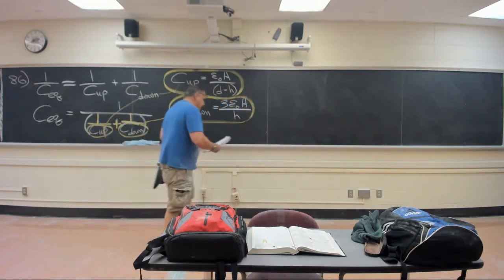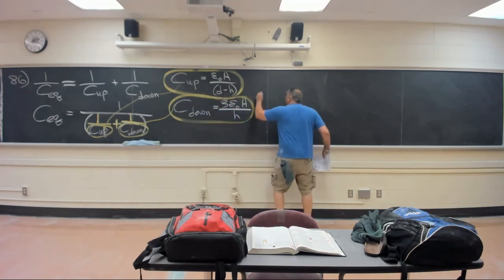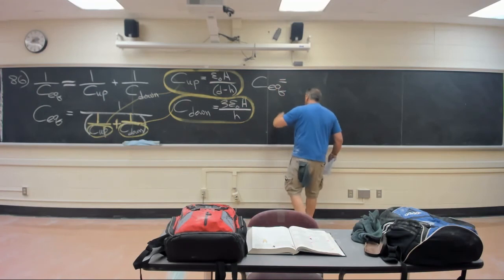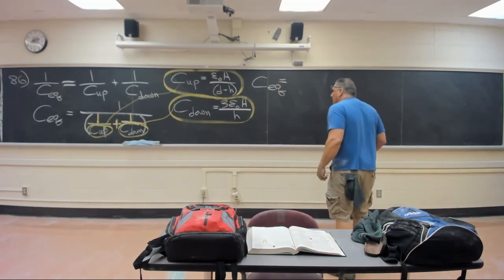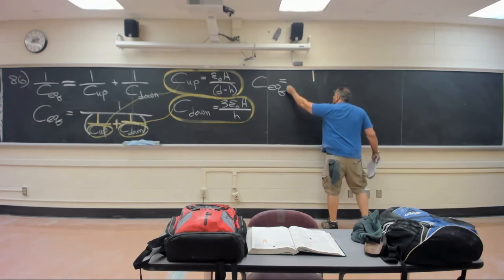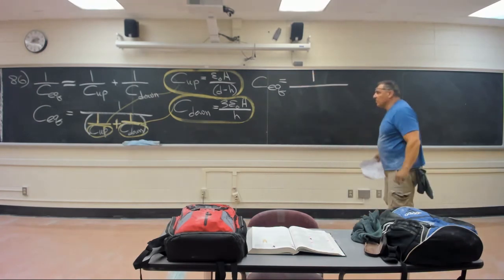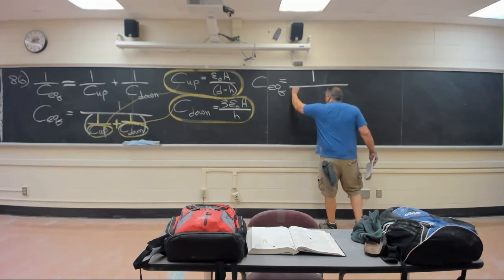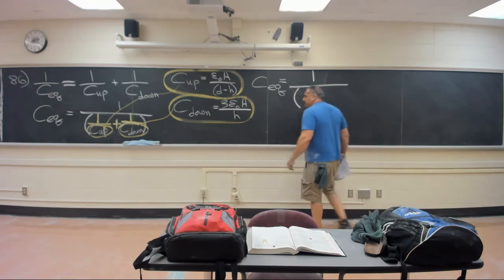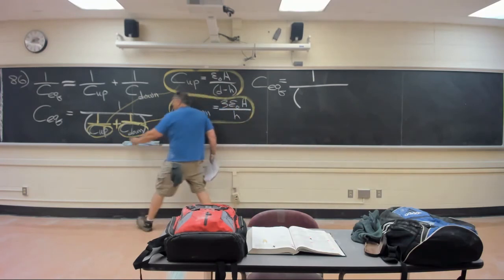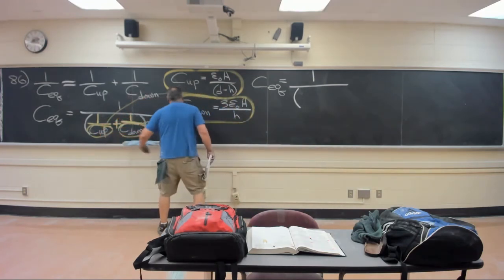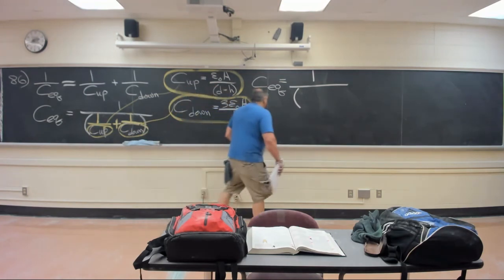So one over C up. 1 over C up is the reciprocal of C up.